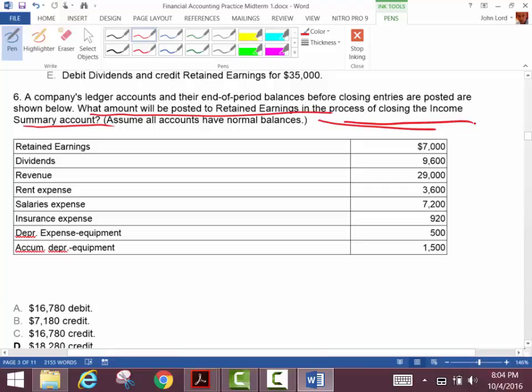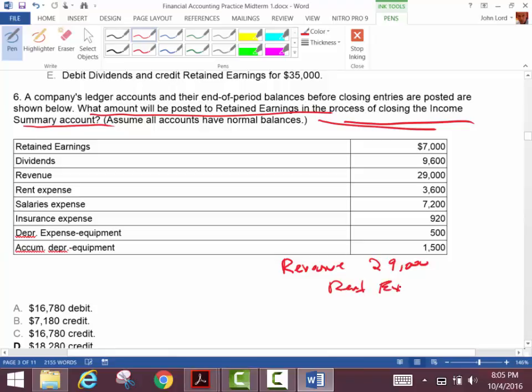So if we're closing the income summary account, we're going to do what? What are we going to do with our revenues? Good, you debit revenues to close that. That's 29,000.